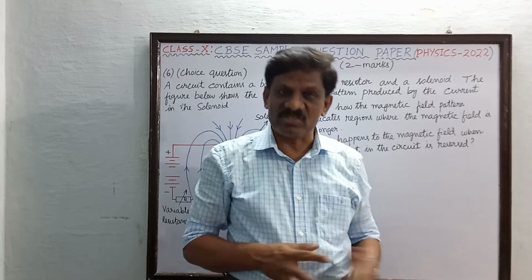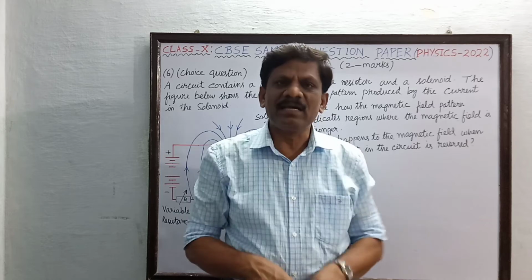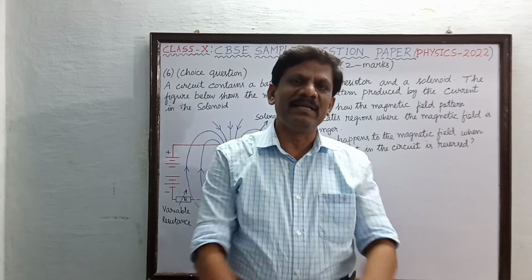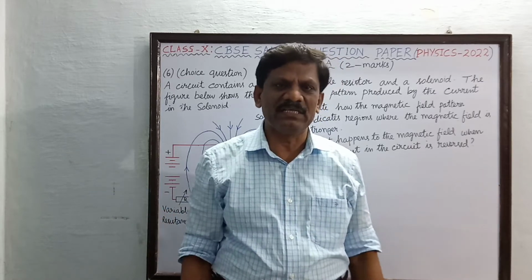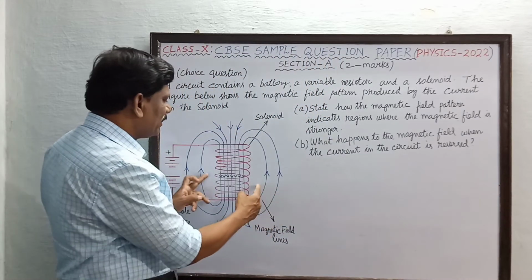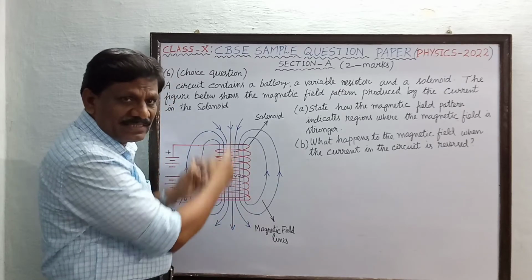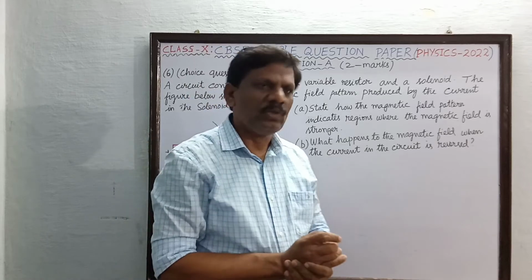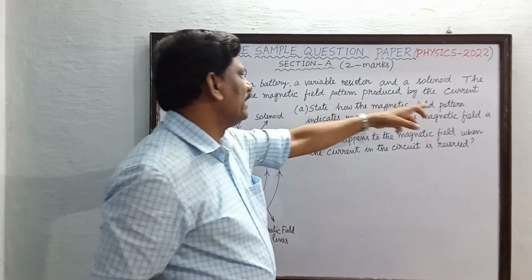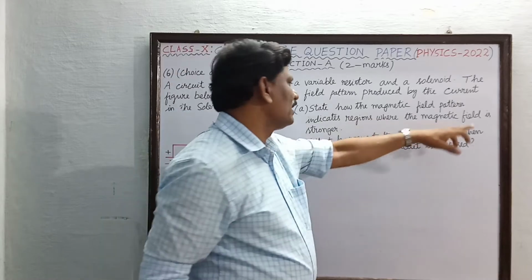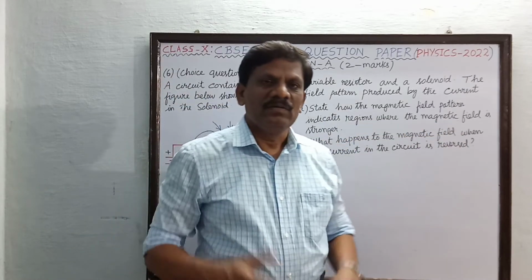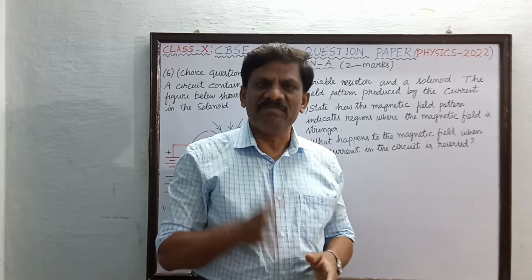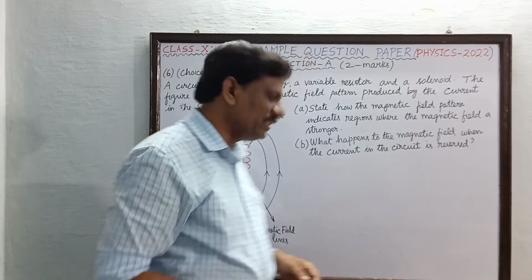The magnetic field will be stronger where the lines are closer, and weaker in the regions where the magnetic lines are far away from each other. So clearly you can see that in the space inside the solenoid along the axis the magnetic field lines are very close. That is the region of a strong magnetic field. Okay, we find the magnetic lines are very close to each other.